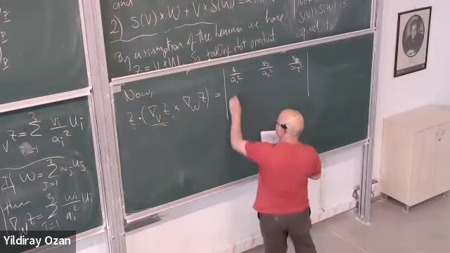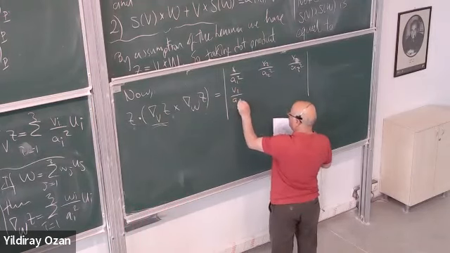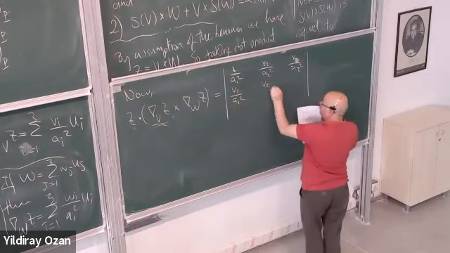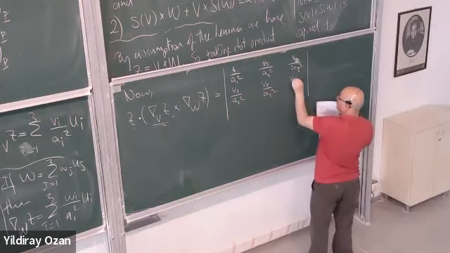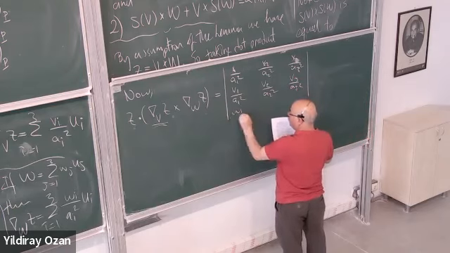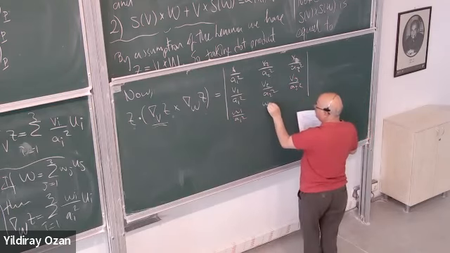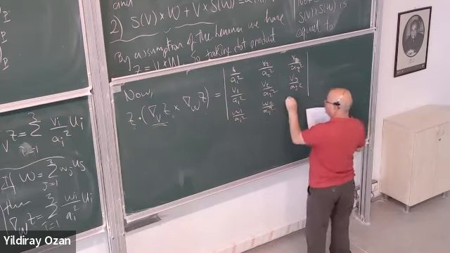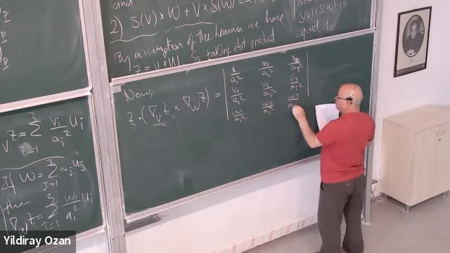Let me write that down: v1/a1 squared, v2/a2 squared, v3/a3 squared, and then w1/a1 squared, w2/a2 squared, and w3/a3 squared.